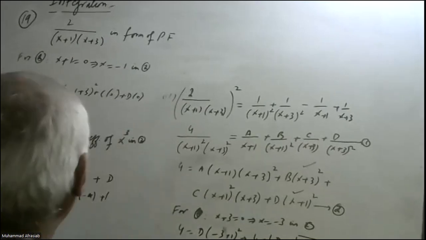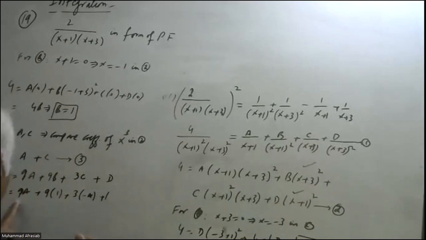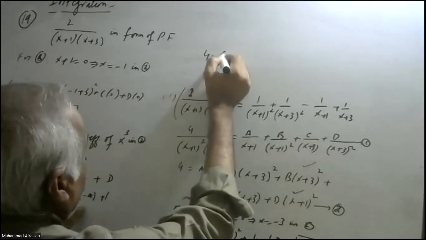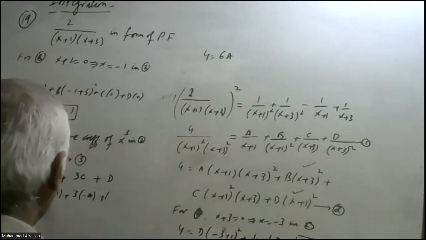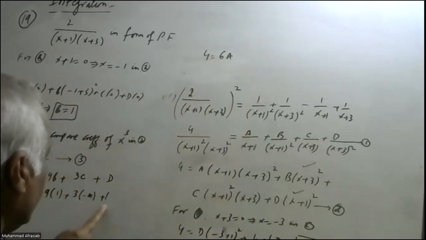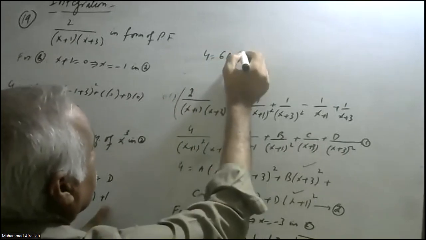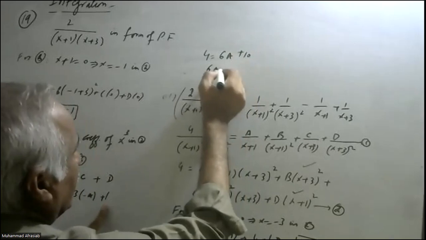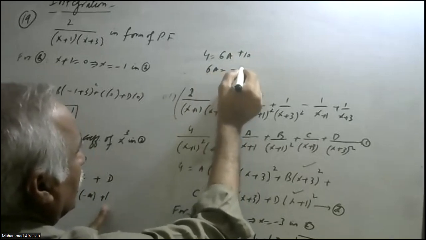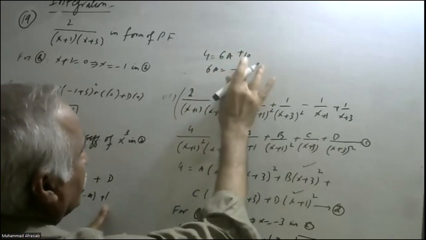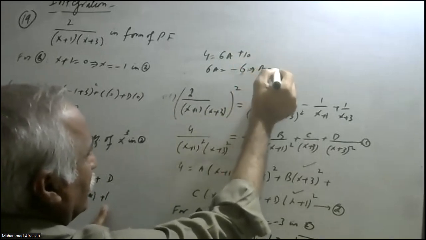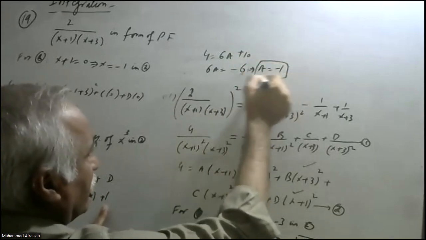So this value will be equal to 9a minus 3a, 6a, 9 plus 1 is 10. So 6a is equal to minus 6, 4 minus 10, or a is equal to minus 1.